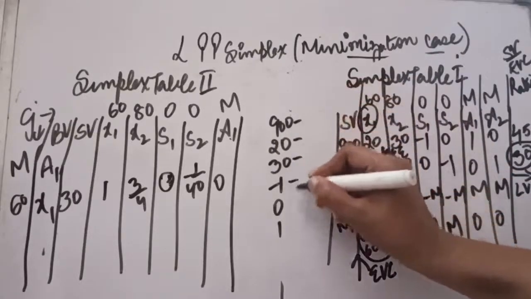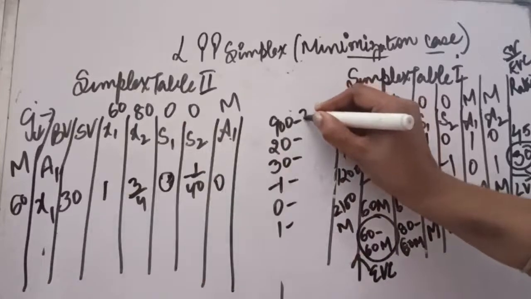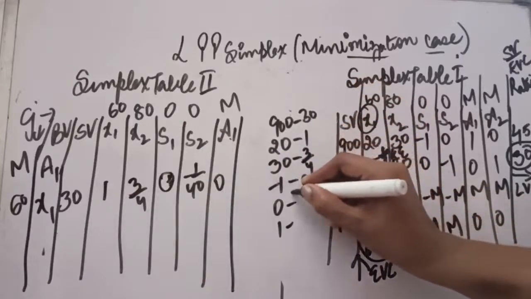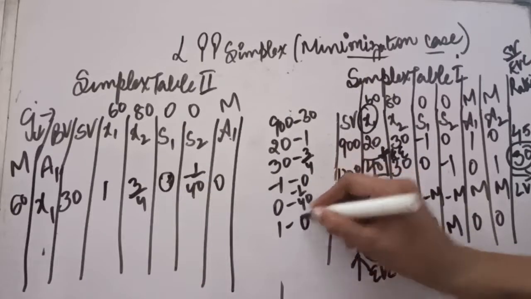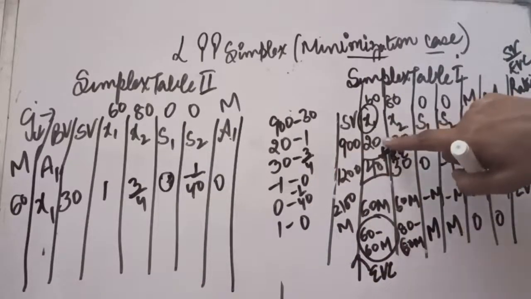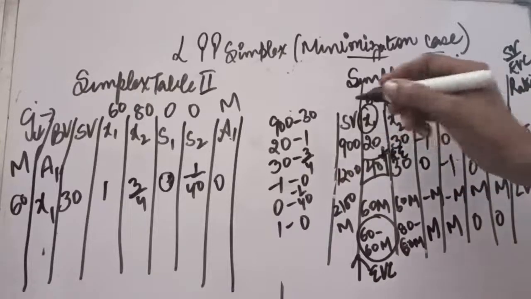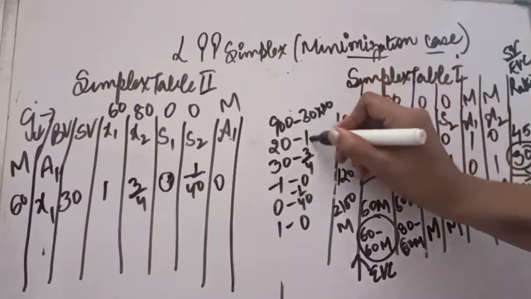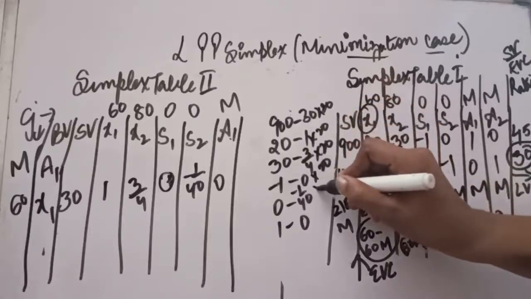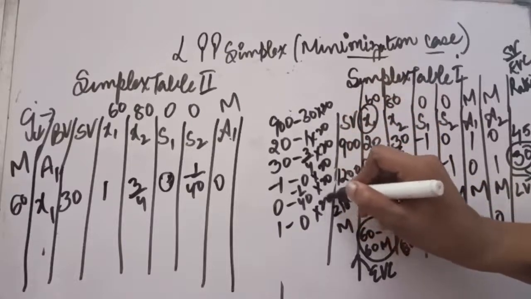This is the new key row: 30, 1, 3 by 4, 0, minus 1 upon 40 and 0. Corresponding to this, in our indexed row, what is the value? 20. So all the values will be multiplied by 20 to get a new indexed row.